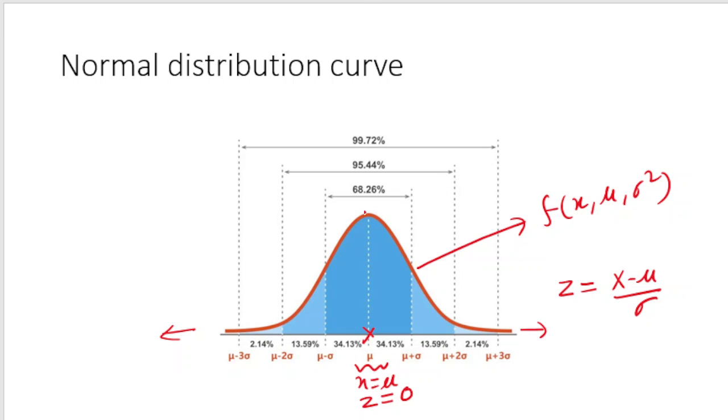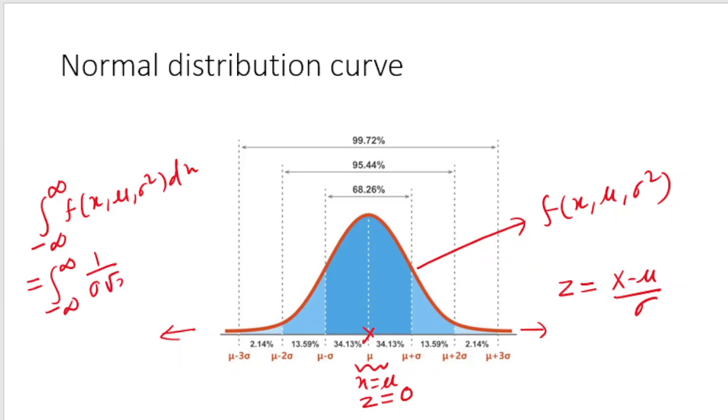But another important observation is that there is one more thing that we have studied in continuous probability distribution, that if we integrate our PDF, in this case if I integrate f(x; mu, sigma squared) dx from minus infinity to infinity, or I can write, the integral from minus infinity to infinity of 1 by sigma root 2 pi e to the power minus 1 by 2 sigma squared (x minus mu) squared dx, then this will be equal to 1.